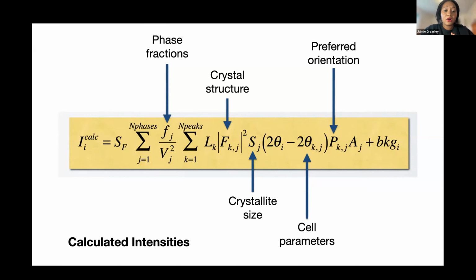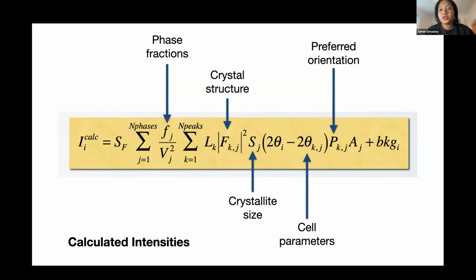We have larger effects. Going from the atomic to a larger scale, the crystallite size: if we have large single crystals, we would expect very thin, sharply peaked XRD profiles.